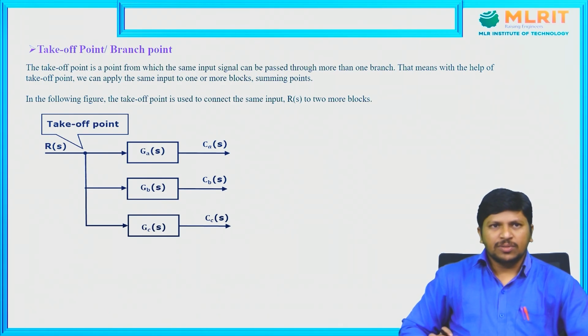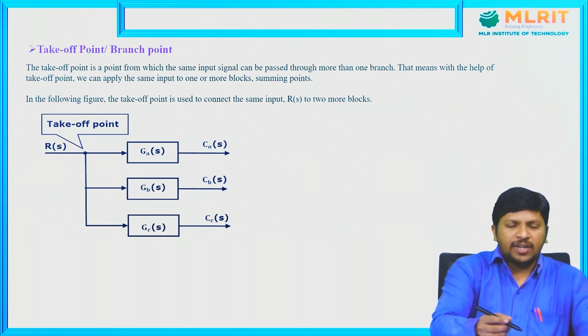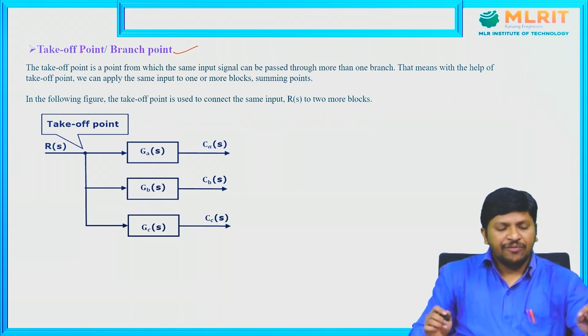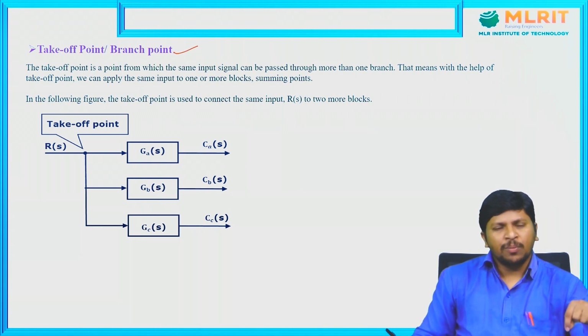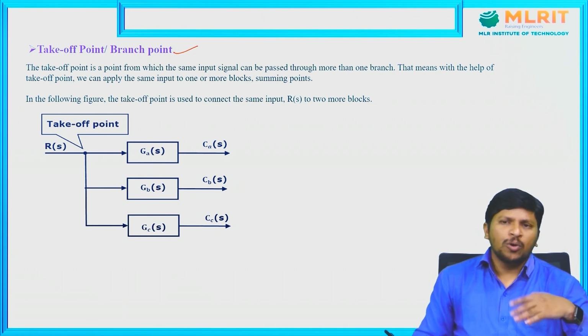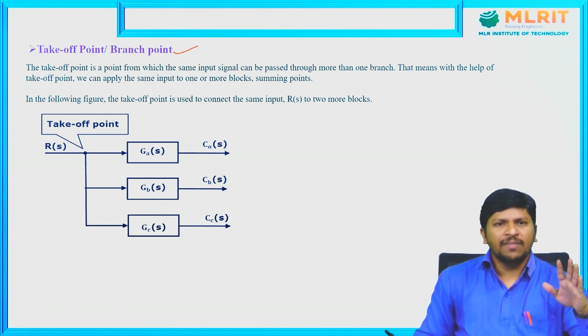Next, coming to the take up point or branch point. Just observe here, the take up point or branch point. By using any take up point or branch point, we can apply the same signal to more blocks or more summing points.